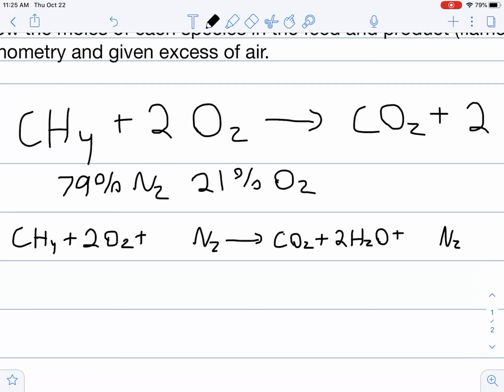And we can figure out that amount of N2 by looking at the percentages of nitrogen and oxygen in the air.